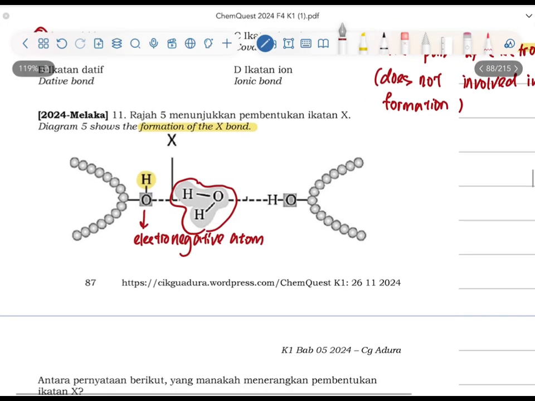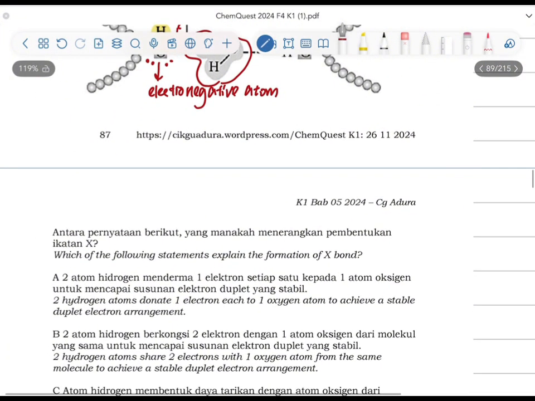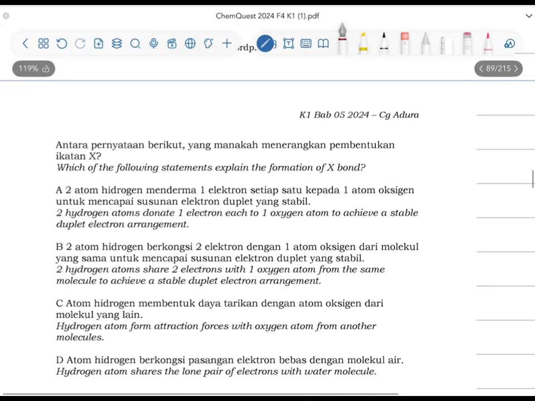The dotted line indicates the bond formation. This bond is formed when the hydrogen is bonded to an electronegative atom, and this oxygen has two lone pairs of electrons. So this X bond is a hydrogen bond, right?